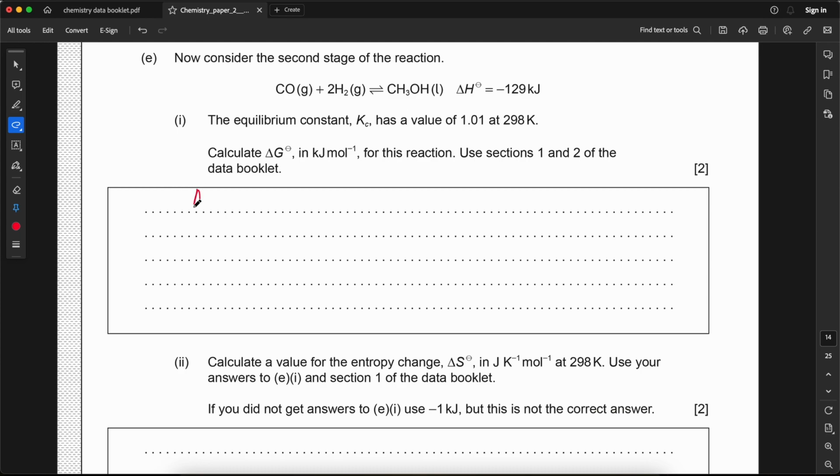Calculate delta G. That would be negative RT ln K. So delta G would be negative 8.31 times 298 times ln 1.01. You get negative 24.6 joule per mole or negative 0.0246 kilojoule per mole.